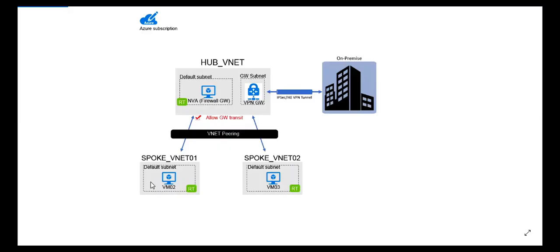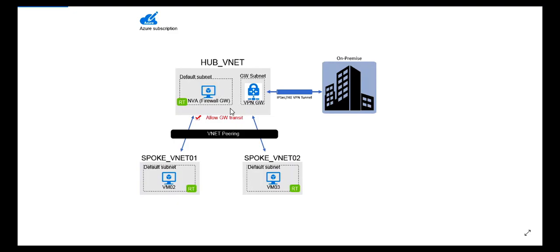let me show you. As we can see, this is our design that we talked about earlier, and it was the hub and spoke model. And we have here the hub VNet and the two spokes and the on-premises, which is your data center or whatever. Then we created a VPN tunnel from here to there, and then VNet peering.